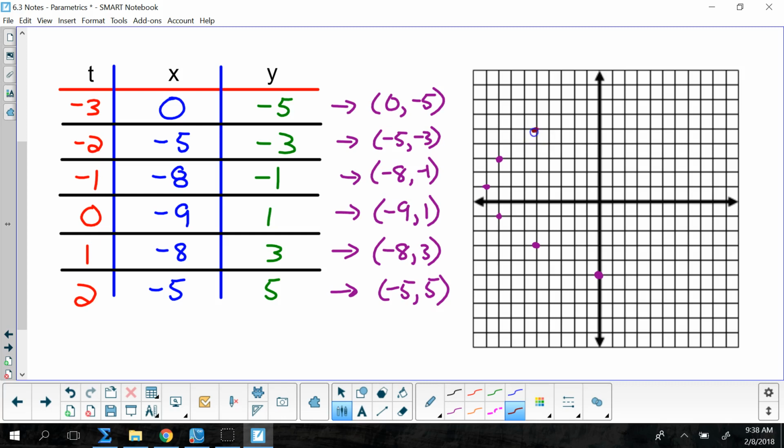It's going to stop right there, and it's going to stop right there. They don't go on forever. If my t-values were negative infinity to positive infinity, yes, they'd go on forever. But I've restricted my t-values, so my graph is restricted.